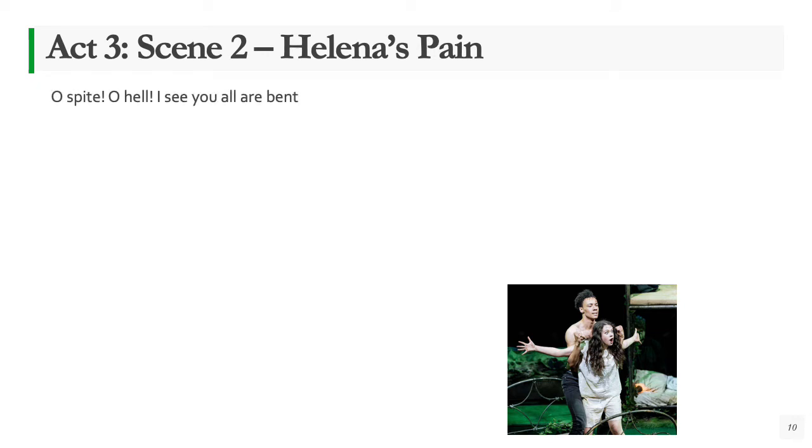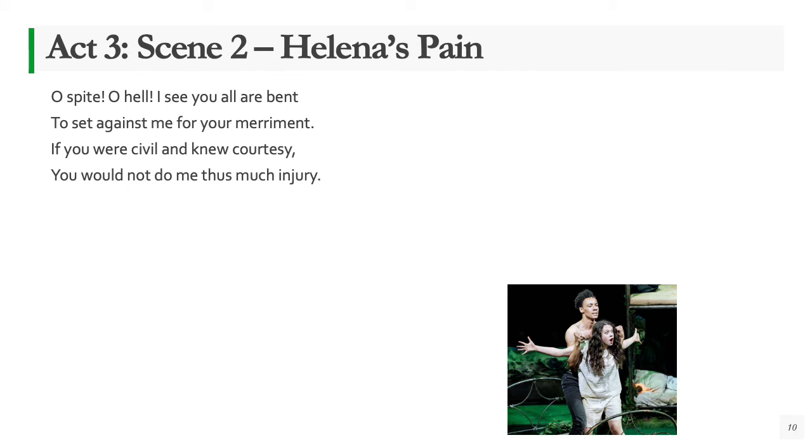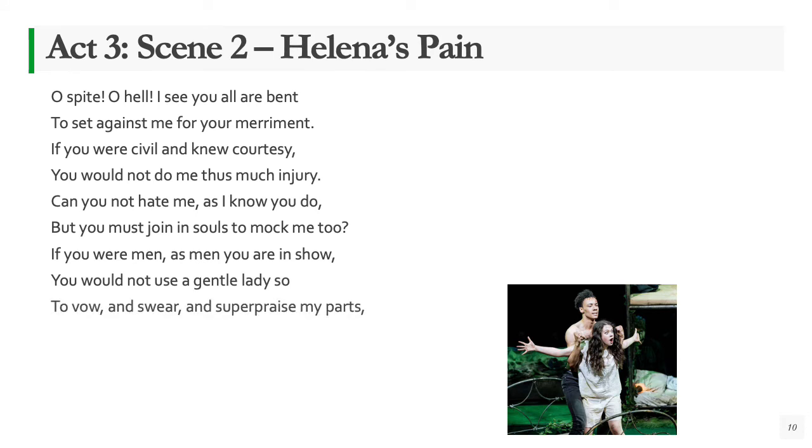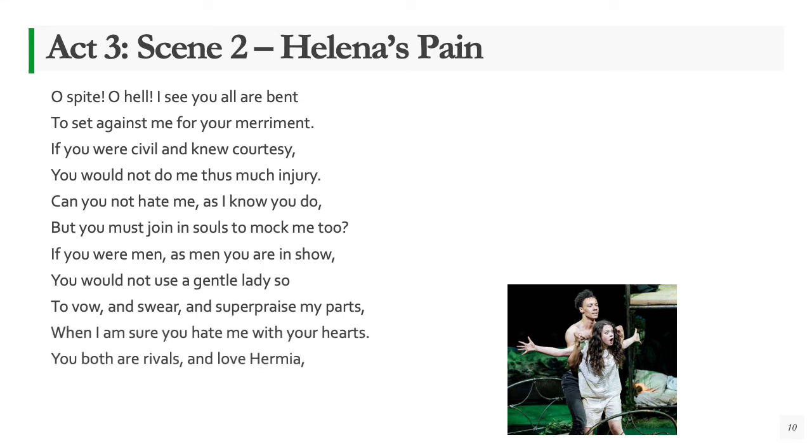O spite, O hell, I see you all are bent to set against me for your merriment. If you were civil and knew courtesy, you would not do me thus much injury. Can you not hate me, as I know you do, but you must join in souls to mock me too? If you were men, as men you are in show, you would not use a gentle lady so, to vow and swear and superpraise my parts, when I am sure you hate me with your hearts.